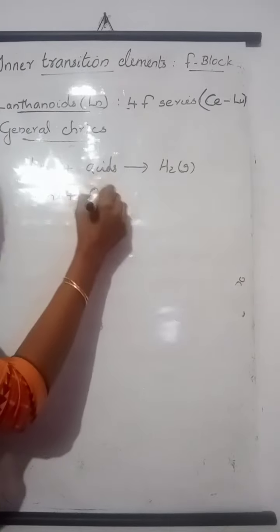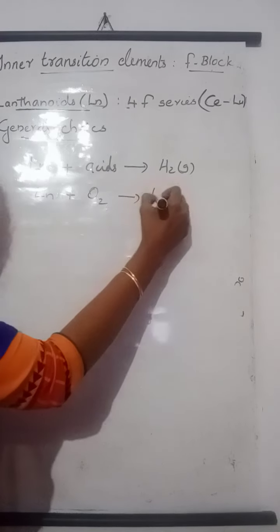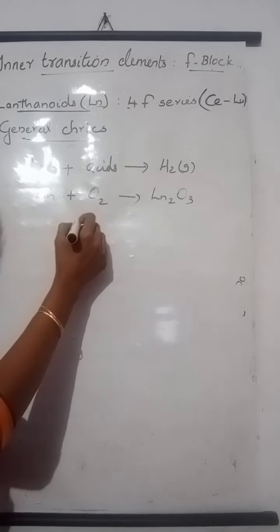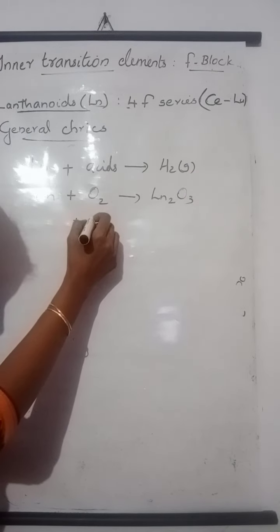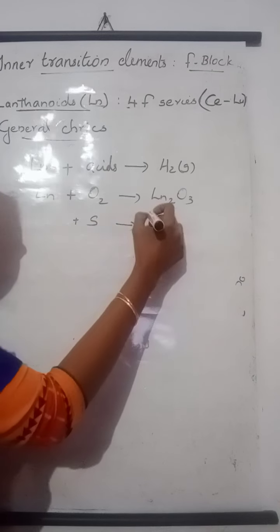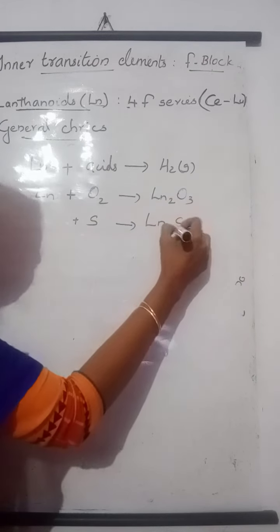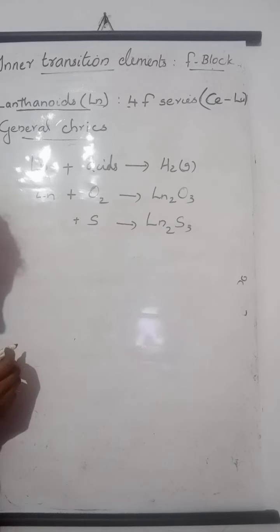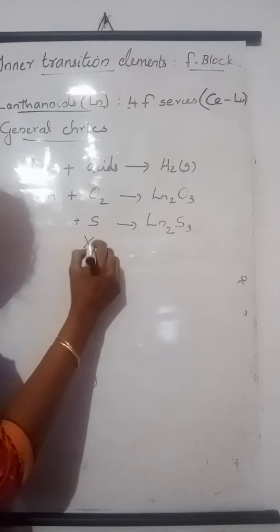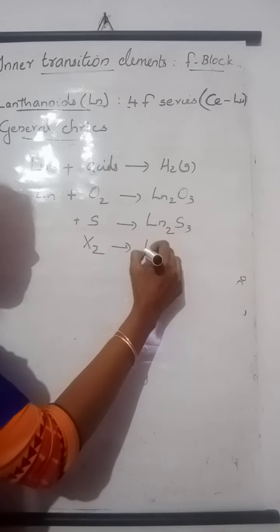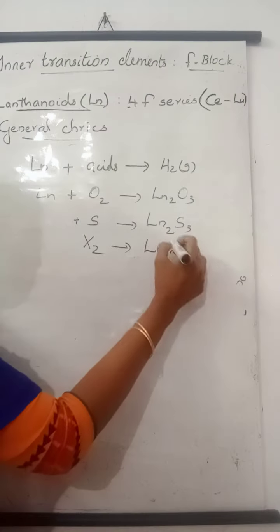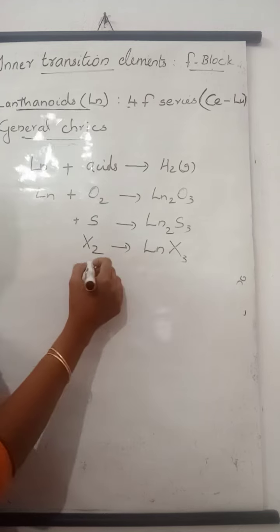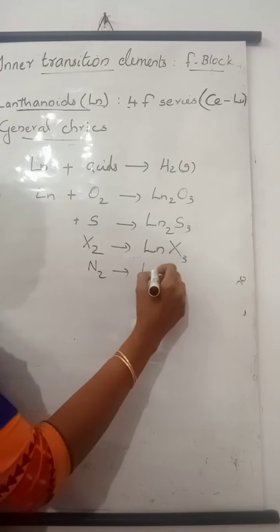Lanthanoids react with oxygen and form oxides, lanthanide oxides of the formula Ln2O3. They react with sulfur and form lanthanide sulfides. Lanthanide valency, common valency 3, sulfur valency 2. They react with halogens and form halides, lanthanide halides of the formula LnX3. They react with nitrogen and form lanthanide nitride.